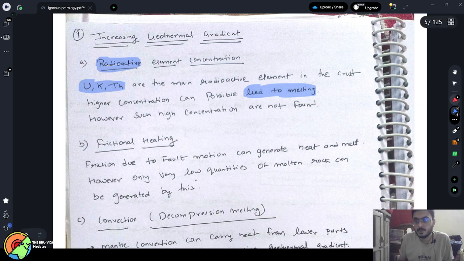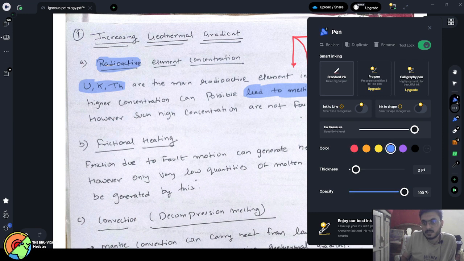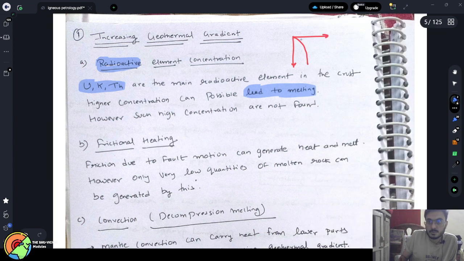And if this geothermal gradient is increased, now the normal geothermal gradient is like this, and suppose our solidus temperature is somewhat like this. This is the solidus temperature.